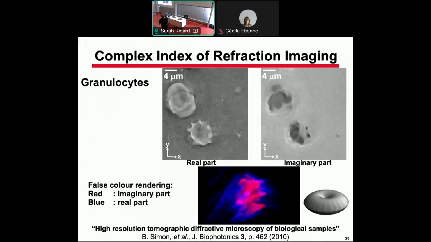And what we discovered on this kind of cells, for example, is that you can segment the cell, the nucleus, polynucleus, and the envelope, just by coding these two images with different colors. The real part, which is the index, and in red, the imaginary part, which is the absorption. Nucleuses are absorbing but not the envelope, and you see that red is embedded.